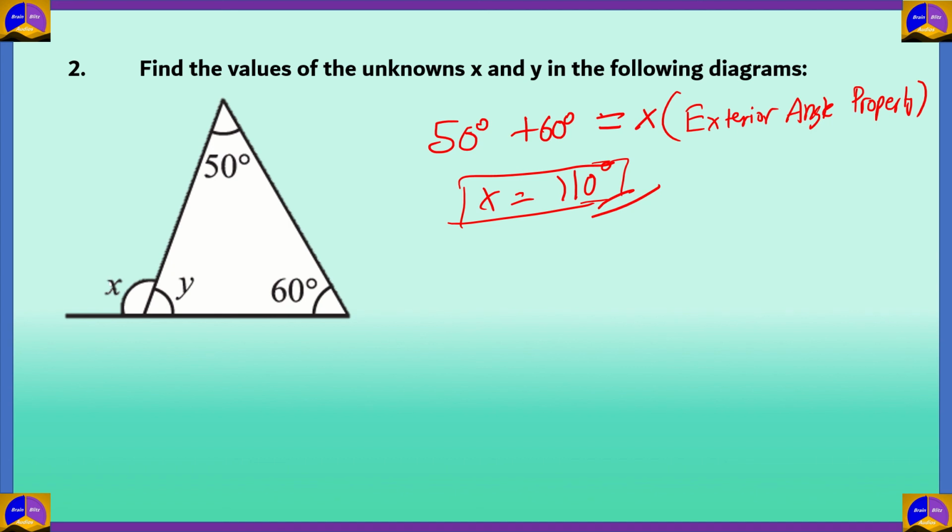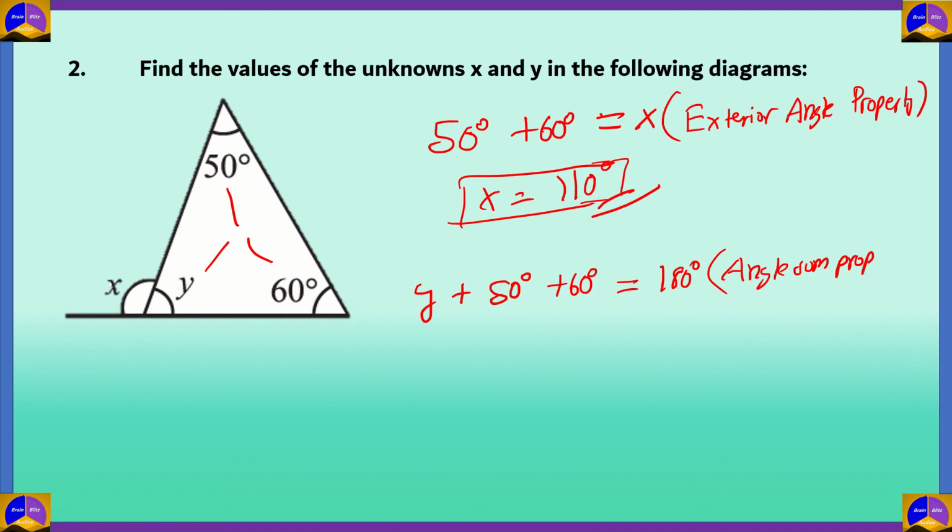Now to find y, we'll use the angle sum property. Interior angles are 50 degrees, 60 degrees, and y. y plus 50 degrees plus 60 degrees would be equal to 180 degrees. Reason: angle sum property.